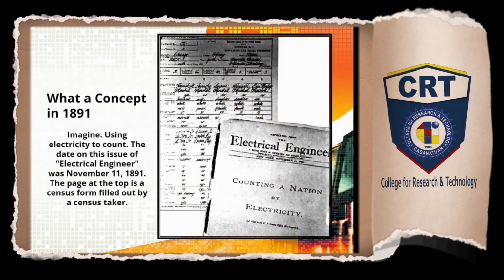So this is a sample image from 1891, from the issue of Electrical Engineering dated November 11, 1891. At the top is the census form filled out by the census taker.